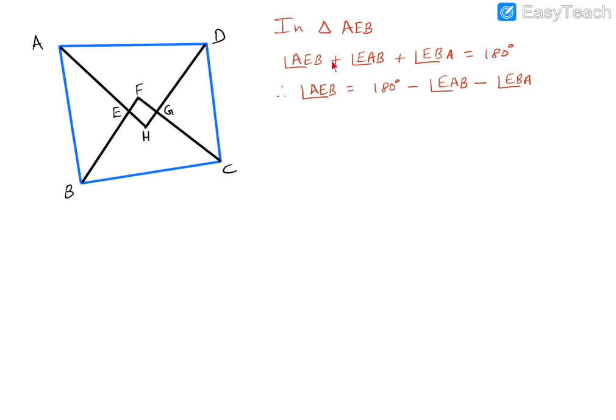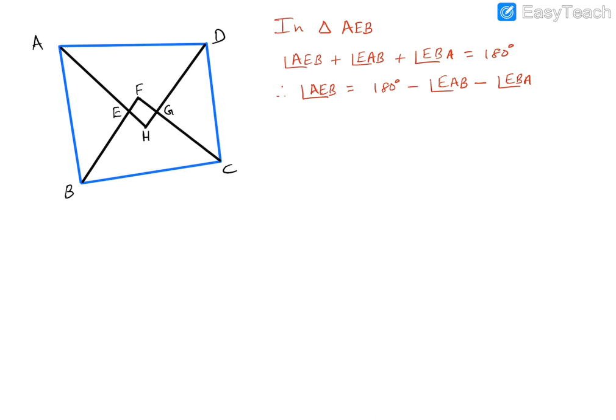Therefore, we can write angle AEB to be equal to 180 minus angle EAB, which is this angle here, minus angle EBA, which is this angle here.